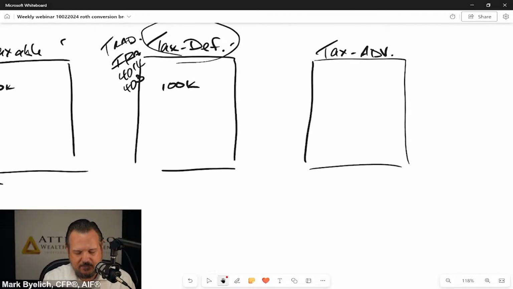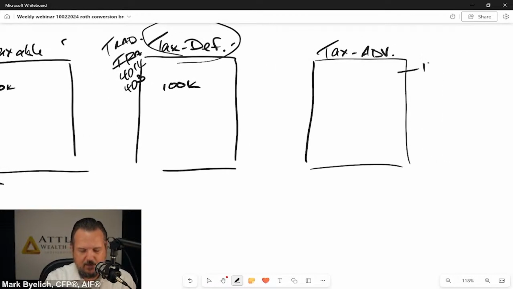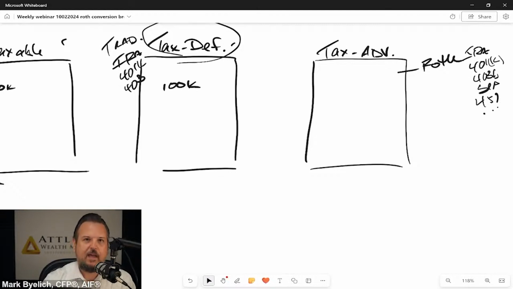And then we have tax advantage. In this example, we're talking about Roth. So anything Roth, whether it's a Roth IRA, Roth 401(k), Roth 403(b), Roth SEP now, Roth 457 plan, and I'm sure that I'm missing something, right? But anything with the tag of Roth in front of it. Now, that is money that's already been taxed. So you paid tax on the seed when the money went in.